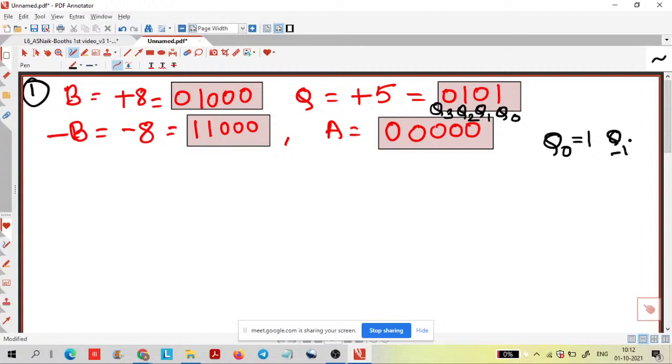Initially 0, right? Yes or no? q naught I have taken from here, and this one you are assuming. Q minus 1 is initially 0, but q naught depends upon the multiplier bit. Am I right?